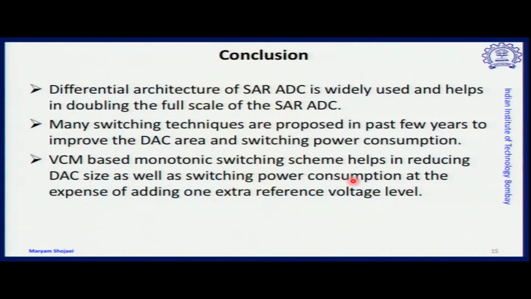Therefore, if we use switching techniques which help us reduce the number of capacitors, we save both energy and area, and that's why the VCM-based monotonic switching scheme seems to be the best, with both area and energy reduced at the expense of adding one reference level, which is the common mode level, and if it is already available in the system, that is not an overhead.